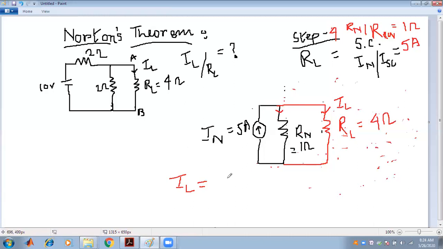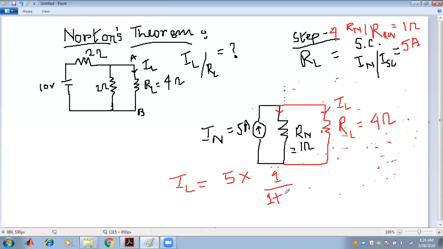And the rule to find the current through a parallel resistance, say through the RL: IL means the current through the RL will be the total current, that is 5 ampere, multiplied by the resistance at the opposite arm of the RL, that is 1 ohm, divided by the summation of the two resistances, that is 1 plus 4.